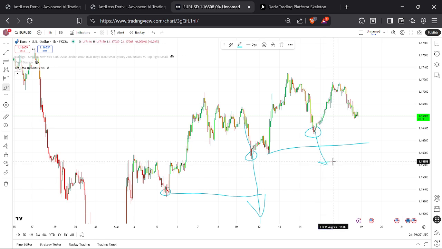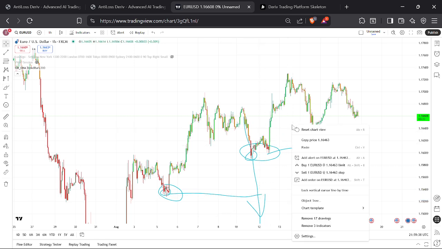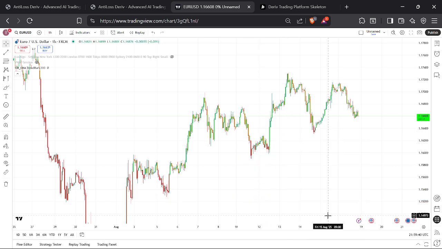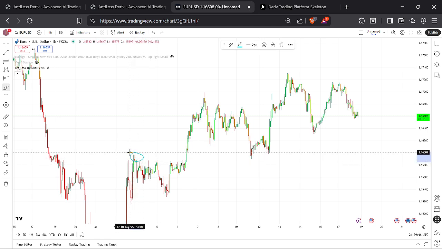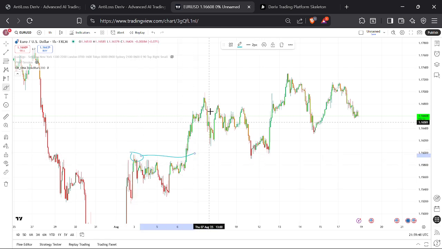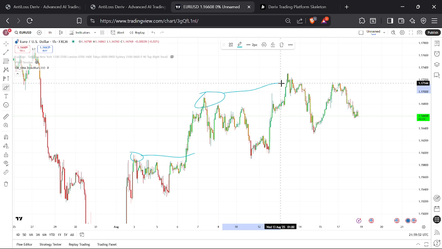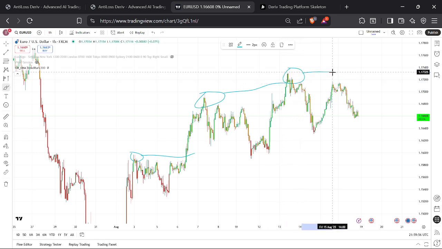So it means we have some sort of protection in these levels, and we don't expect market to trade below these levels. But again, something that we can identify happening in the market right now is that these highs are being taken out. This high has been taken out right here, and this one has failed to be taken out.